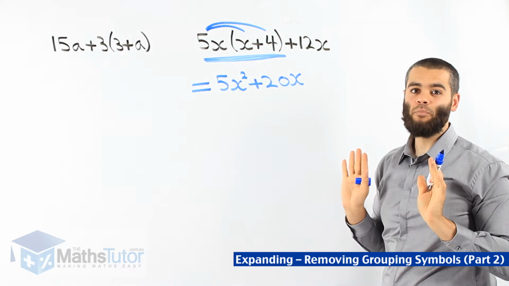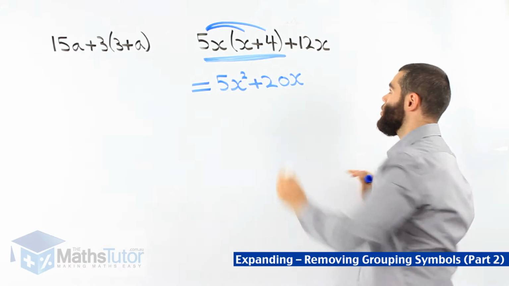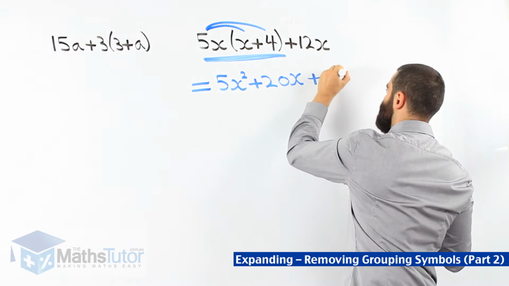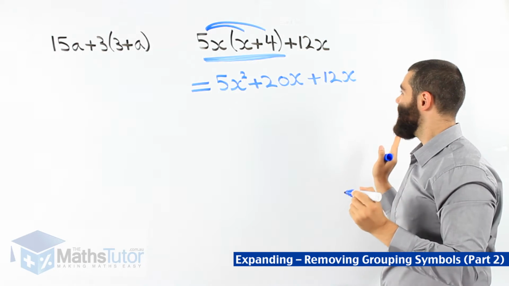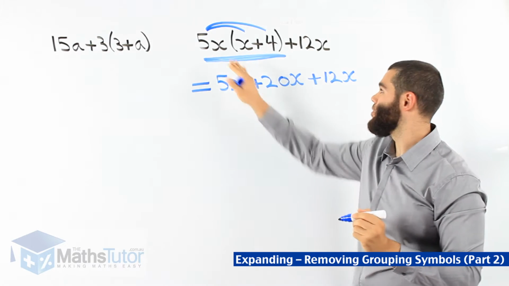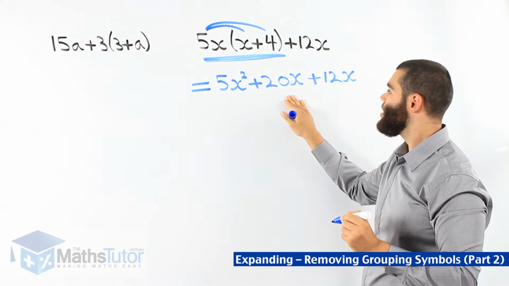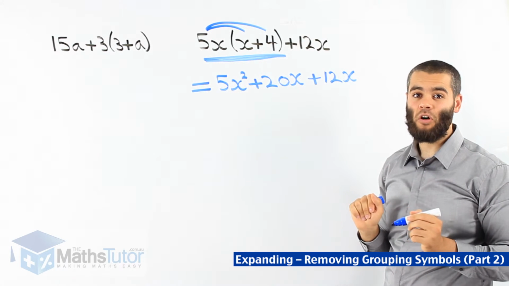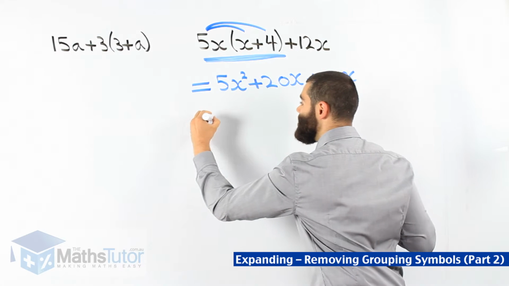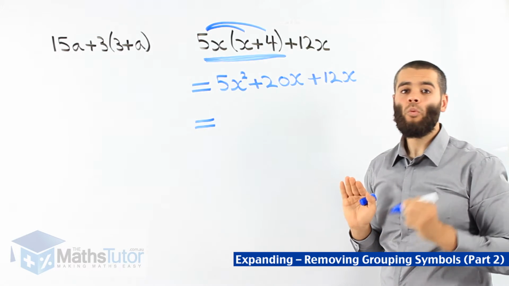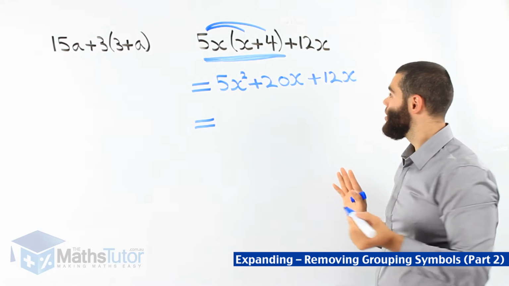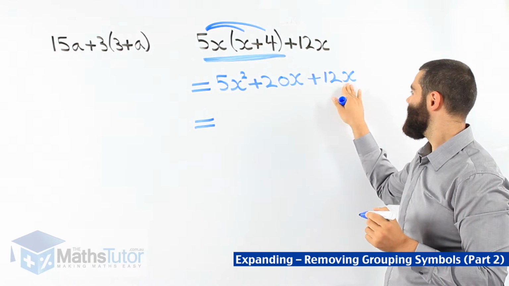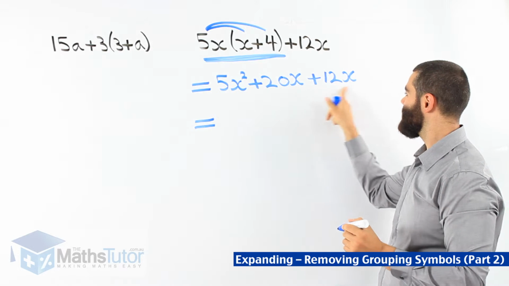That's complete. Now we bring down the 12x. Now we can actually simplify. So we've expanded. There it is. 5x squared plus 20x. Now plus 12x. We can simplify. Well, to simplify, we need to look for like terms. Do we see any like terms? X squared, x, x. Well, yes, these are like terms.